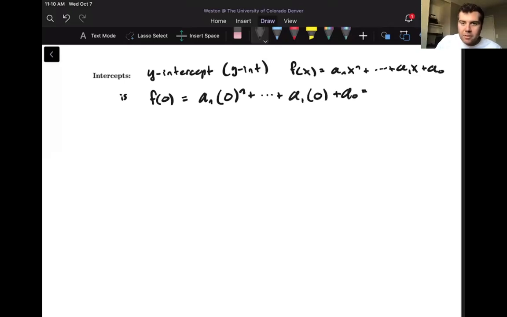And so all those zeros cancel everything out and we just get a_0. So our y-intercept is just the same as that vertical shift that we've seen before. So it's just a_0.